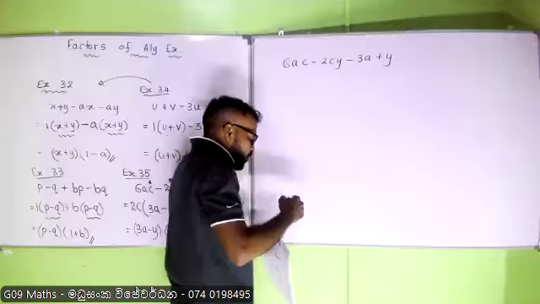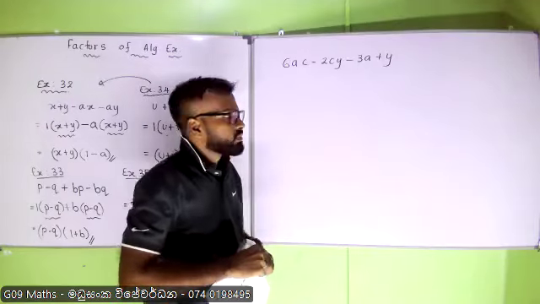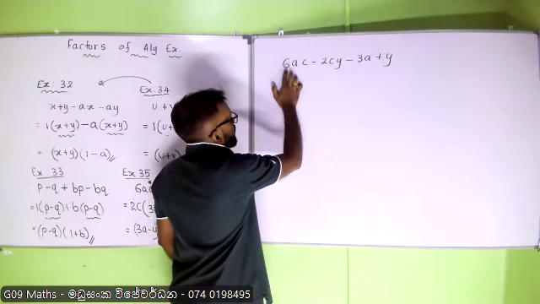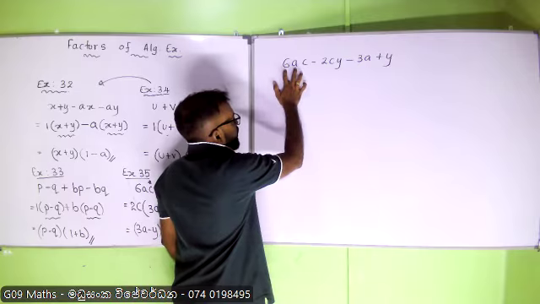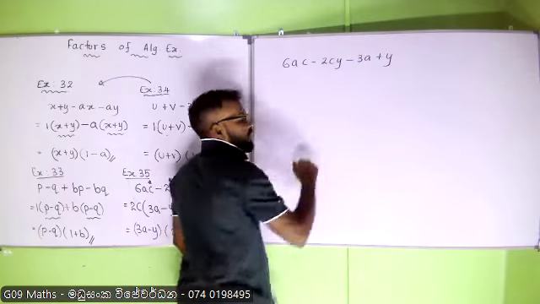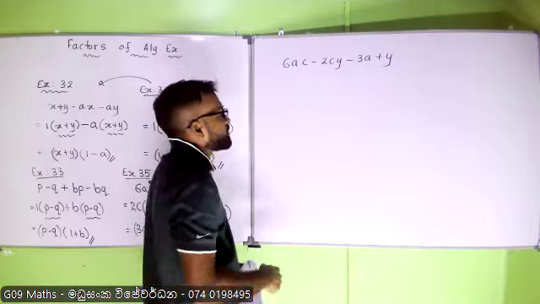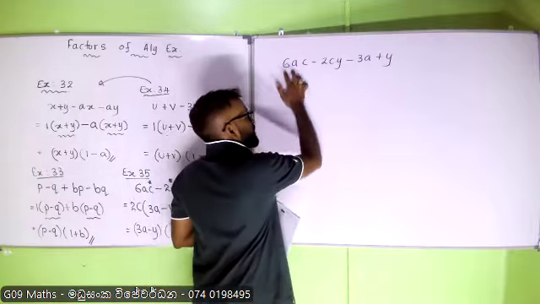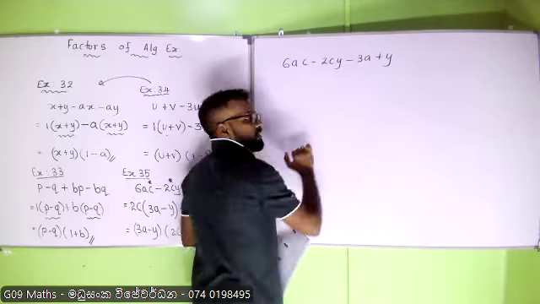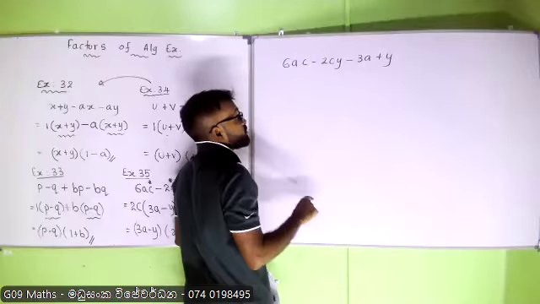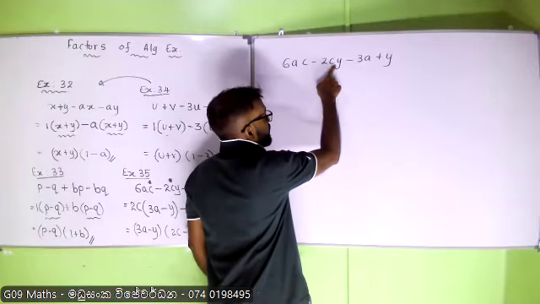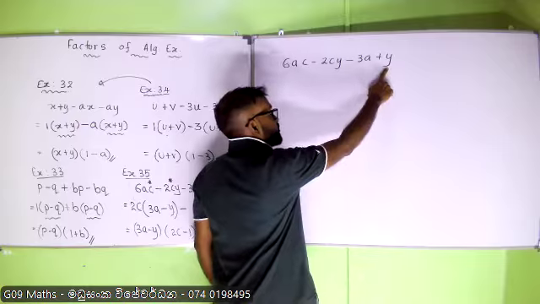So if you want, you can change the terms. Now here you see 6a, here you see 3a, here you see 6a, here you see negative 3a, and also here you see y, and also here you see y.